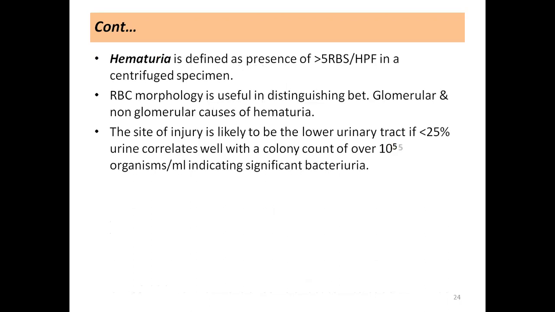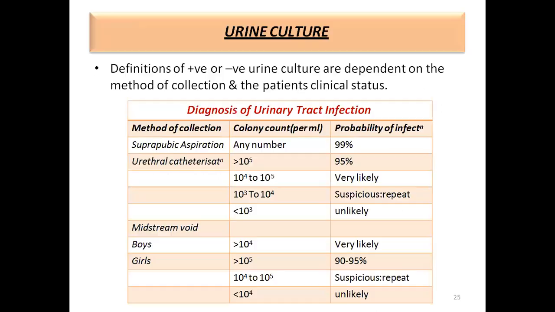The site of injury is likely to be the lower urinary tract if less than 25% urine correlates well with the colony count of over 10 to the power 5 organisms per milliliter, indicating significant bacteriuria. So we come to know what is the site of injury after this.